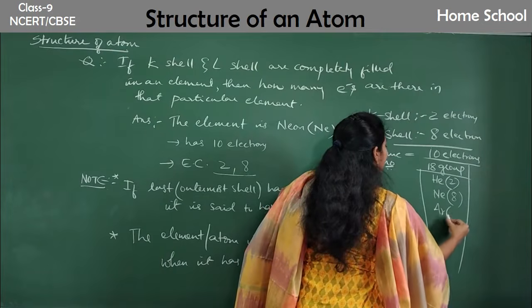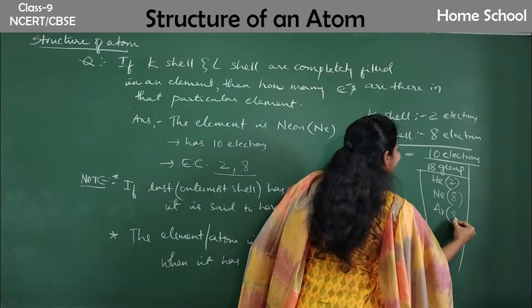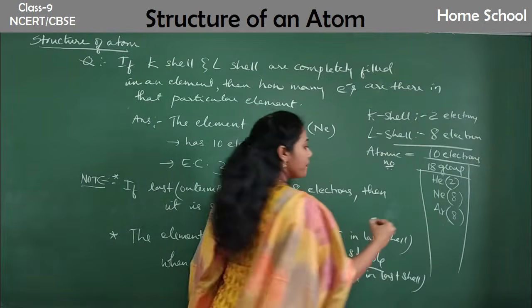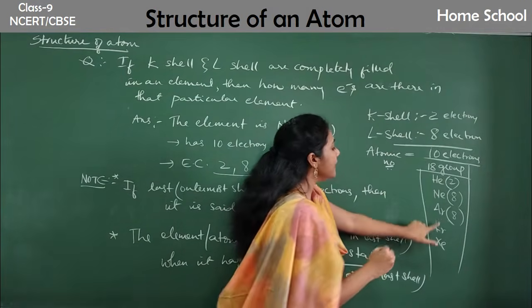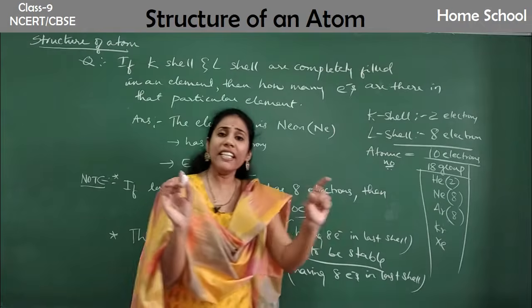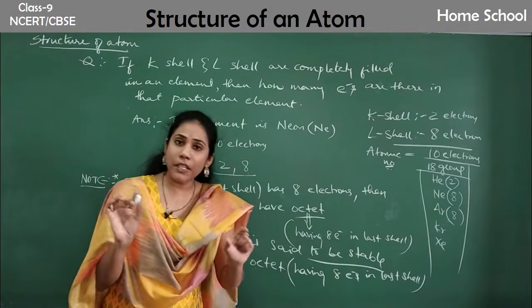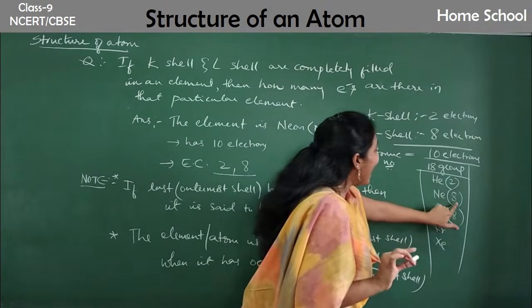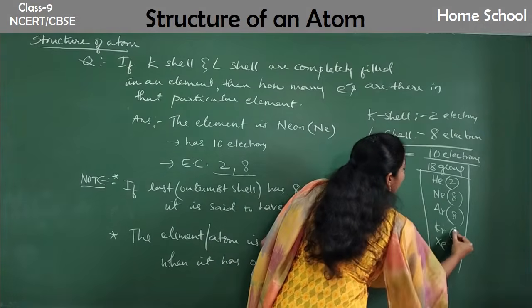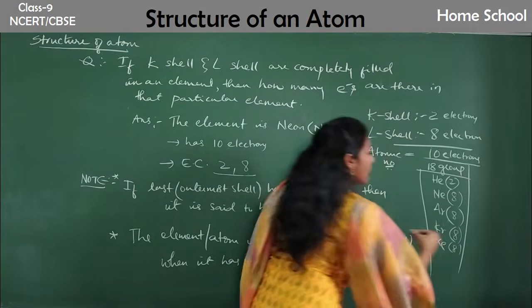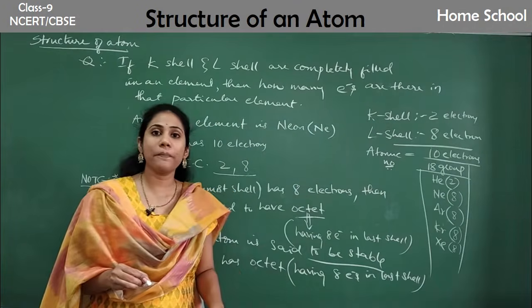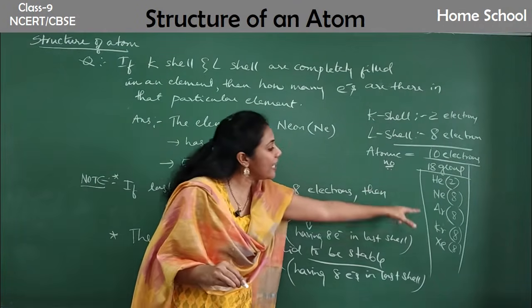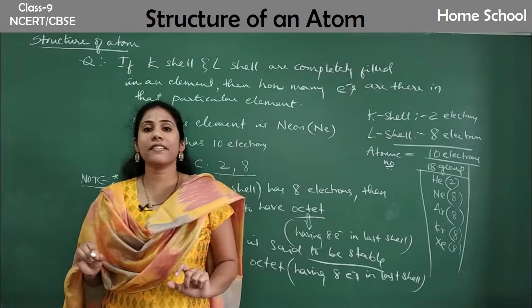Next element argon. Argon also has 8 electrons in the last shell. After that krypton, xenon, all these elements are very stable, guys, because in their last shell you always have 8 electrons. The octet rule is satisfied there. That is the reason we say they are the most stable elements.